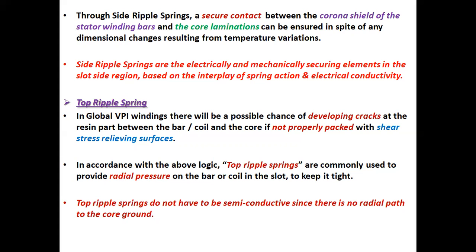In accordance with the above logic, top ripple springs are commonly used to provide radial pressure on the bar or coil in the slot, to keep it tight. Top ripple springs do not have to be semiconductive since there is no radial path to the core ground.